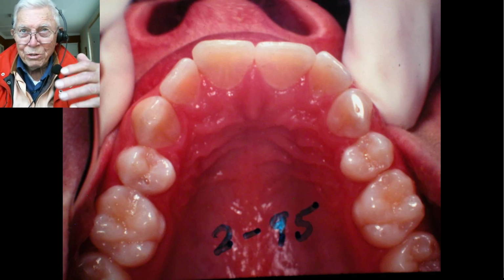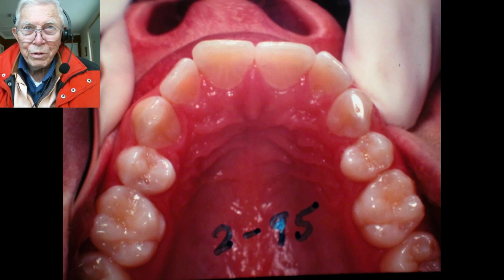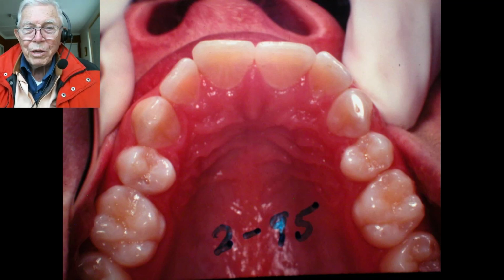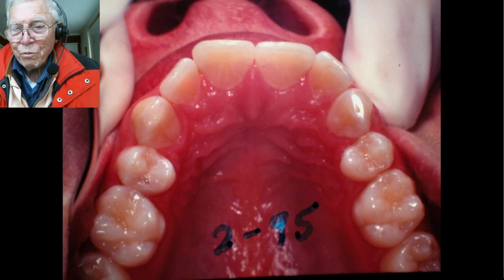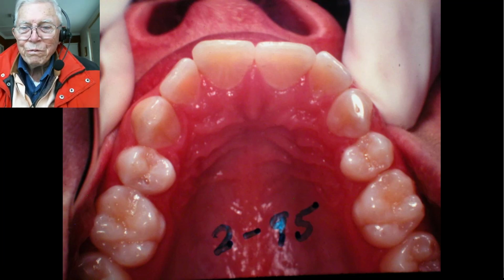I've looked at it so much that I can almost tell you what to do before you even take one. But I do take them, and I take a lot of Panorexes. So anyway, I hope you'll learn something from this on follicular movement, and I'd like to hear from some of you that have tried this.